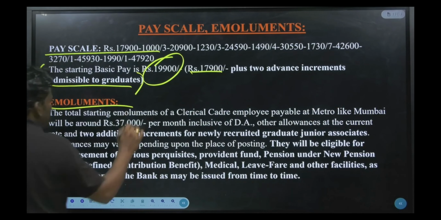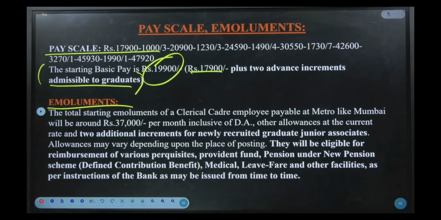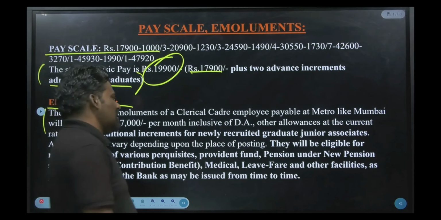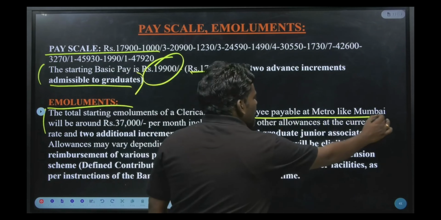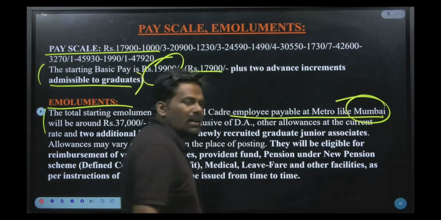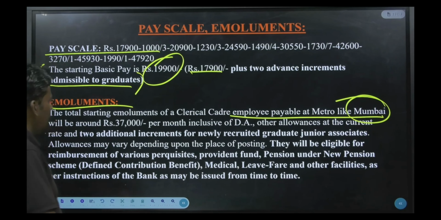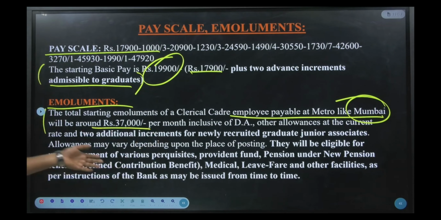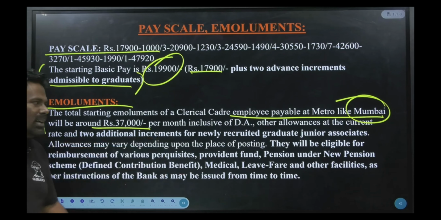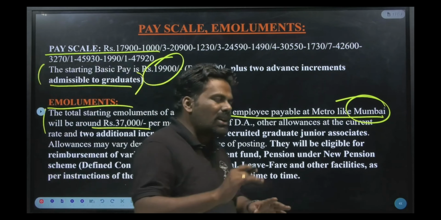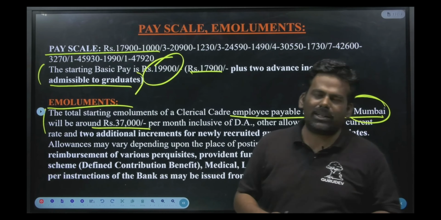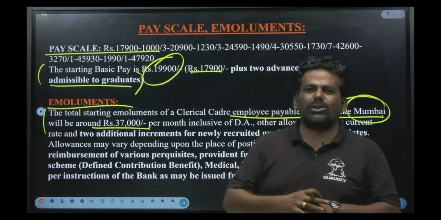Now, how much total salary in hand does a person get if the person joins the bank as junior associate? The total starting emoluments of a clerical cadre employee payable at metros like Mumbai, Delhi, Chennai will be around rupees 37,000 per month, inclusive of DA and other allowances, correct? So usually around 35 to 37,000 will be the salary of a junior associate.